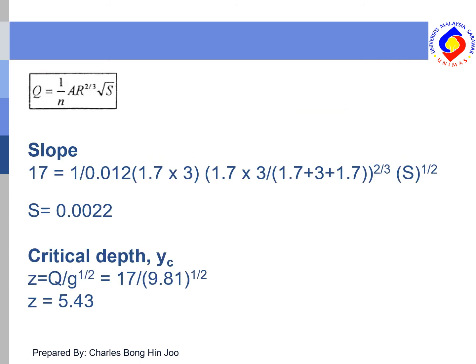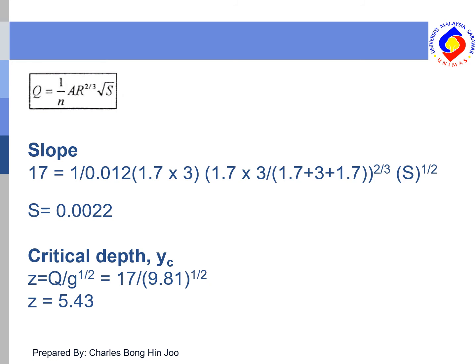So, to solve this example, we use the Manning's equation. The expression is Q equal to 1 over n A R to the power of 2/3 square root of S. So the first part of the question is to find the channel slope, which is S. We just need to substitute all the given values from the question into the Manning's equation.